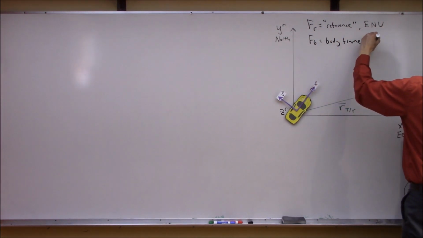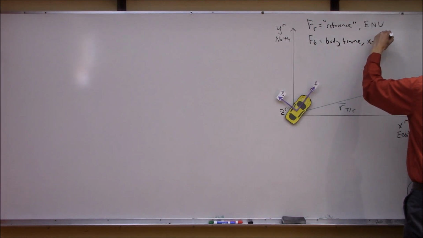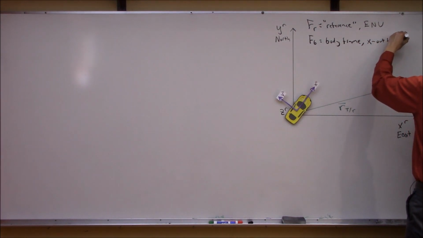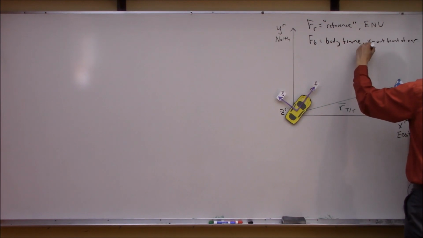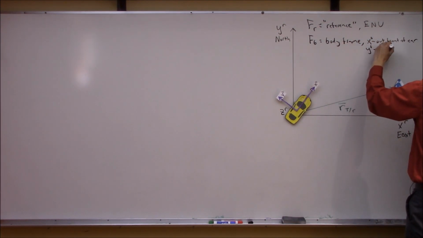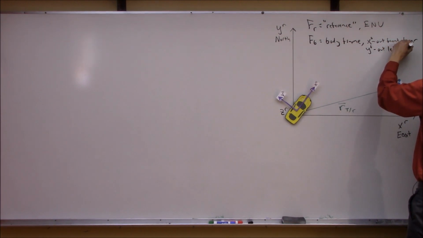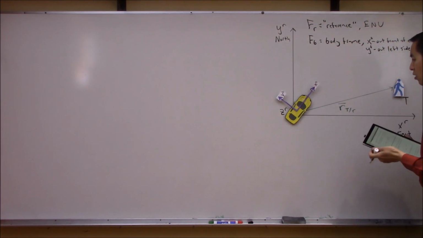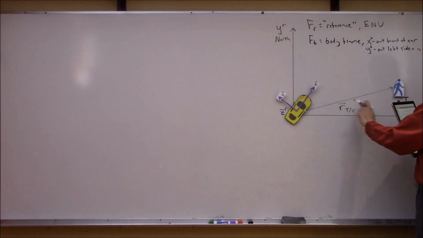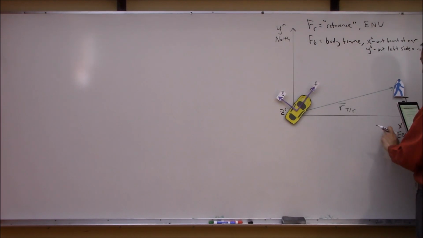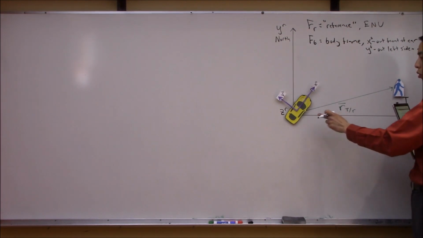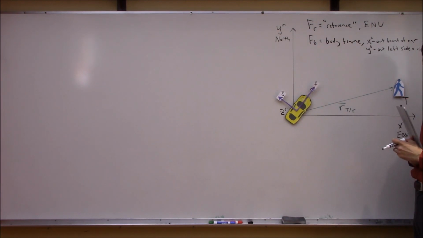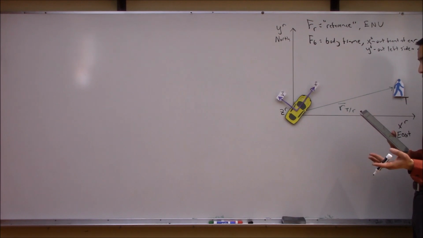So X is out the nose of the car, or out the front of the car, and the Y body, I guess we should say like this, is out the left side of the car, okay? So as long as this was the case, I could express this green vector either in the reference frame R, or I could express it in the body frame B, and the only difference is a rotation matrix between the two, right?